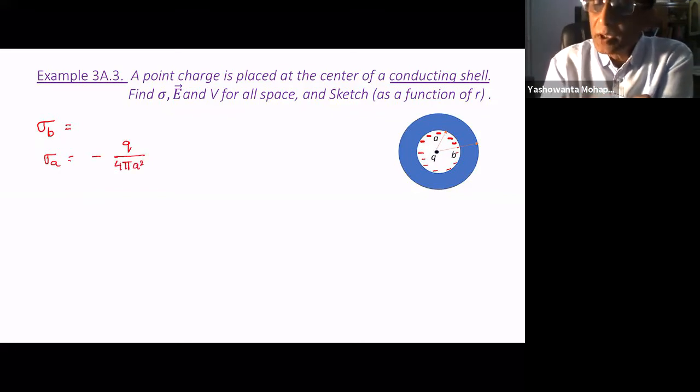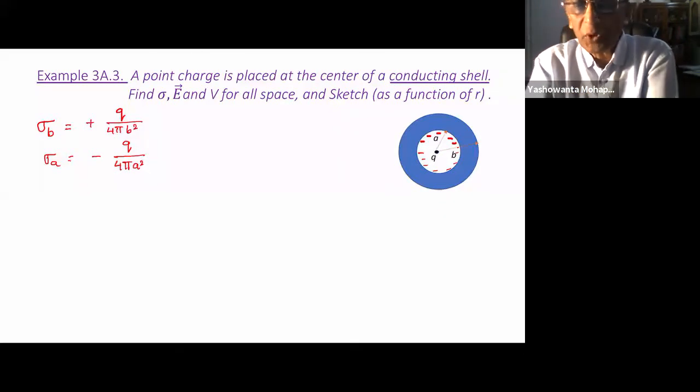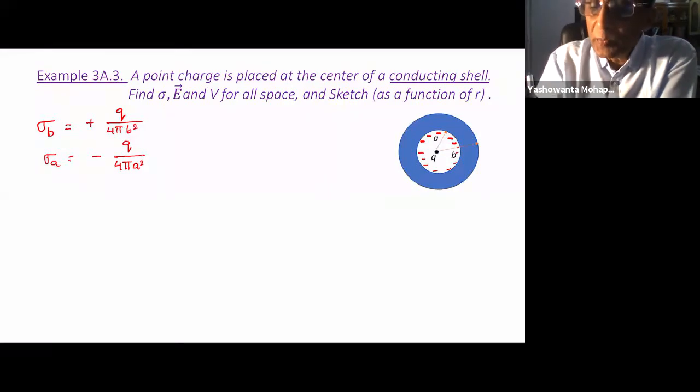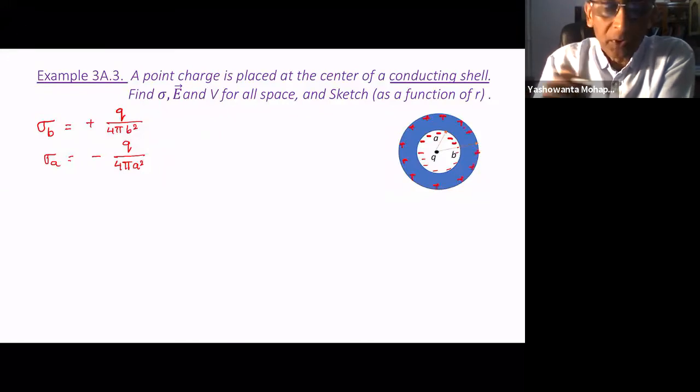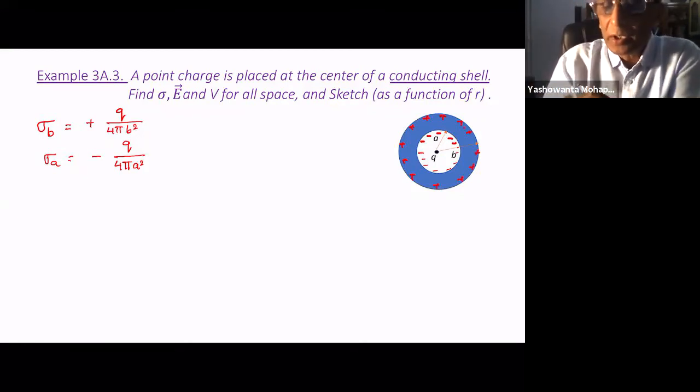So what would be sigma B? Sigma B, of course, would be plus Q by 4 pi B square. Because it is neutral, there would be plus charge all over here appearing. This is something we already know. So sigma B and sigma A, I already know.